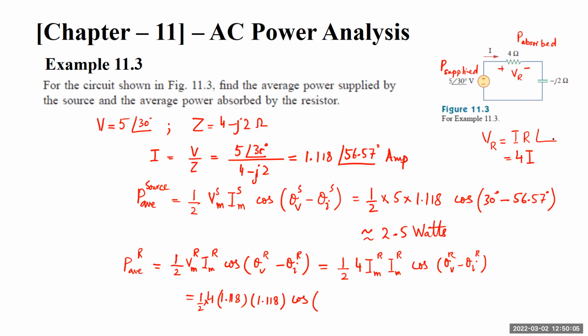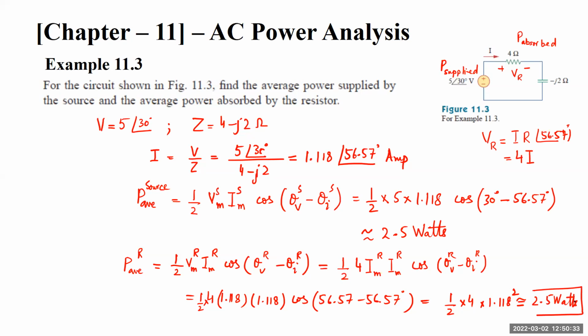The voltage angle is 56.57 degrees and the current angle is the same, so the difference is zero. This thing comes out to be 4 multiplied by 1.118 squared, and my value is approximately again 2.5 watts.